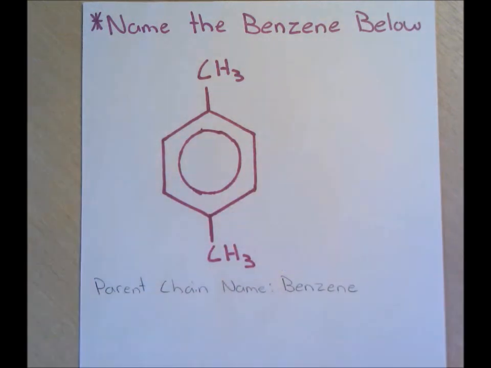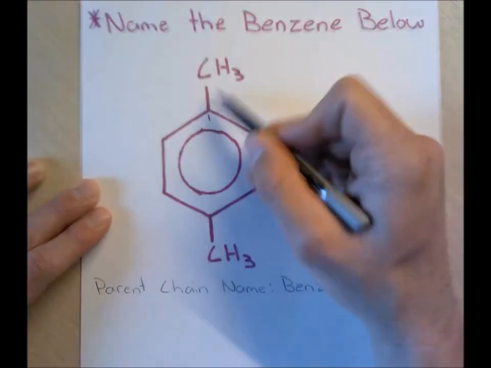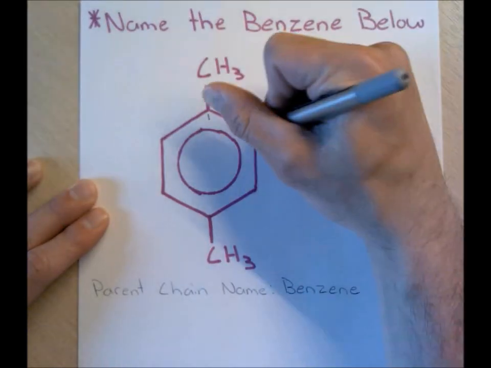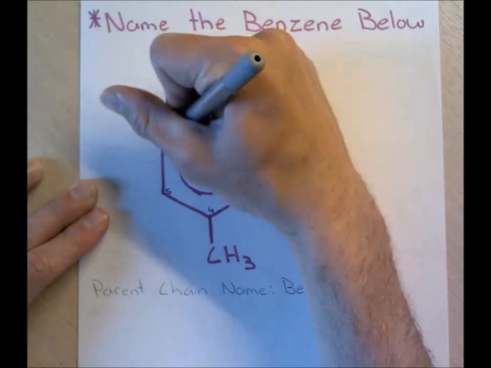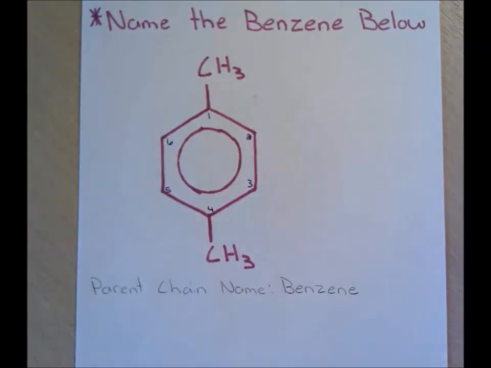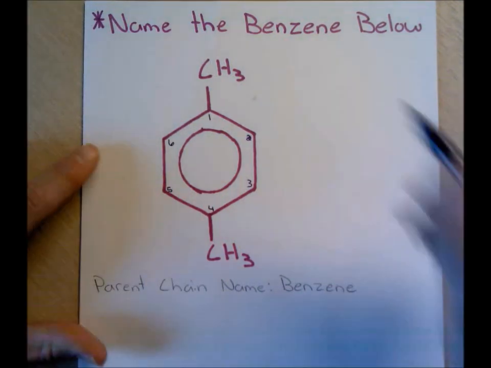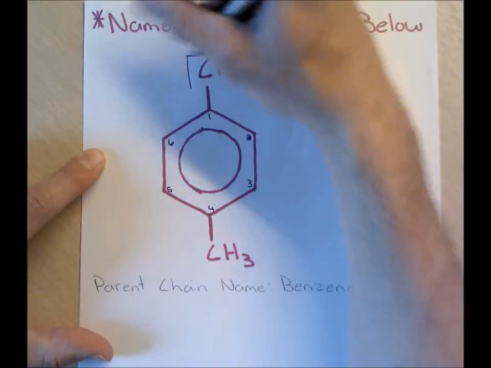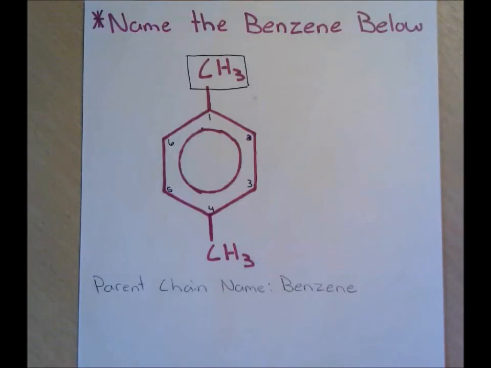So in this case, it does not matter how you number, as long as you start with carbon 1 as one of the 2 attachments, and then you just label around the 6-carbon structure. In this particular scenario, at carbon number 1, you get an attached CH3 group.